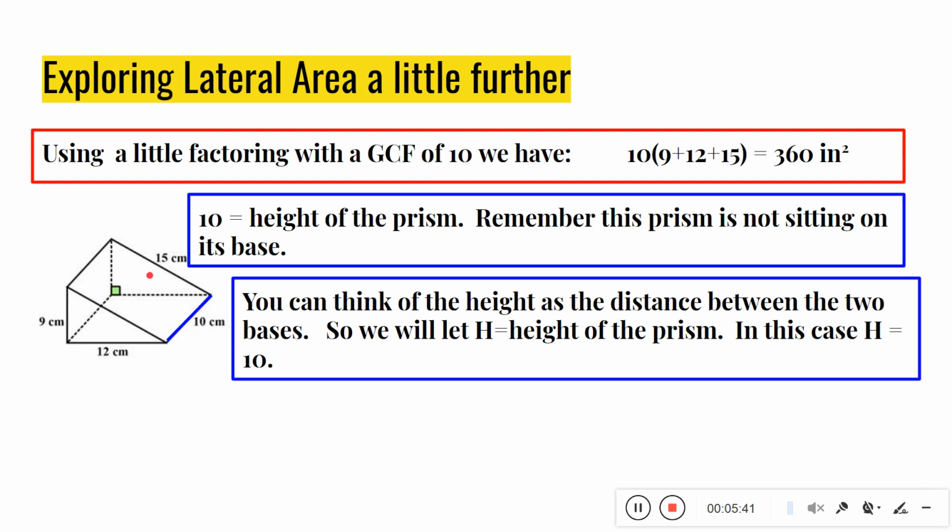So here's the back base, the front base, and the distance between those two bases is 10. So we're going to let capital H stand for the height of the prism. In this case, capital H is 10. So this 10 right here is capital H.